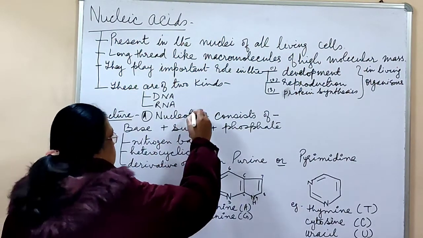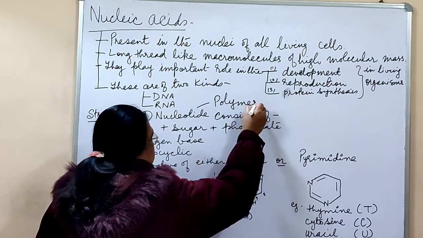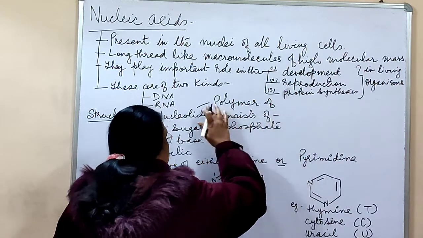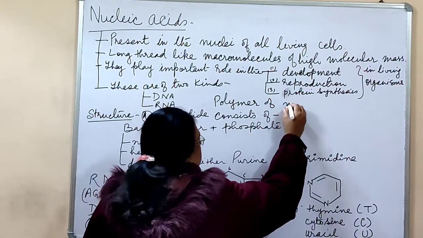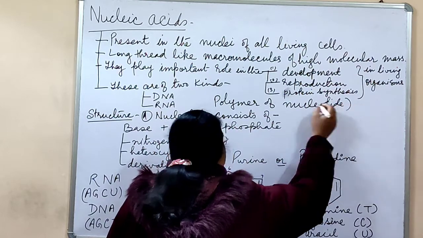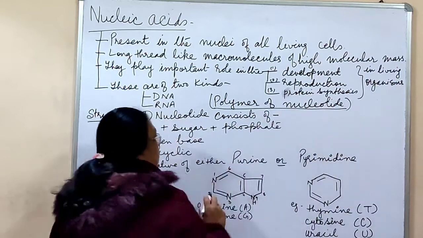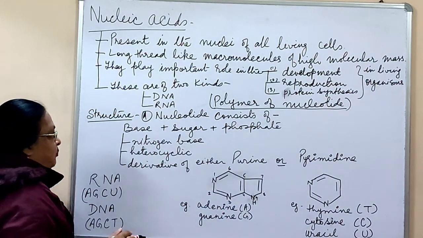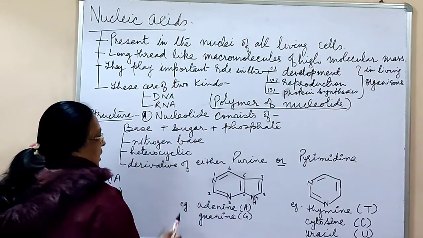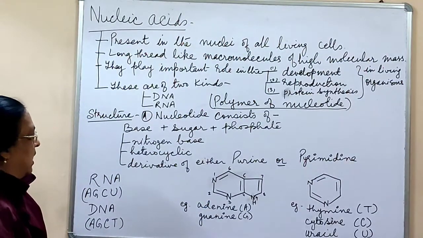So nucleic acid is considered a polymer of nucleotides. So nucleic acid is also known as a polymer of nucleotides.